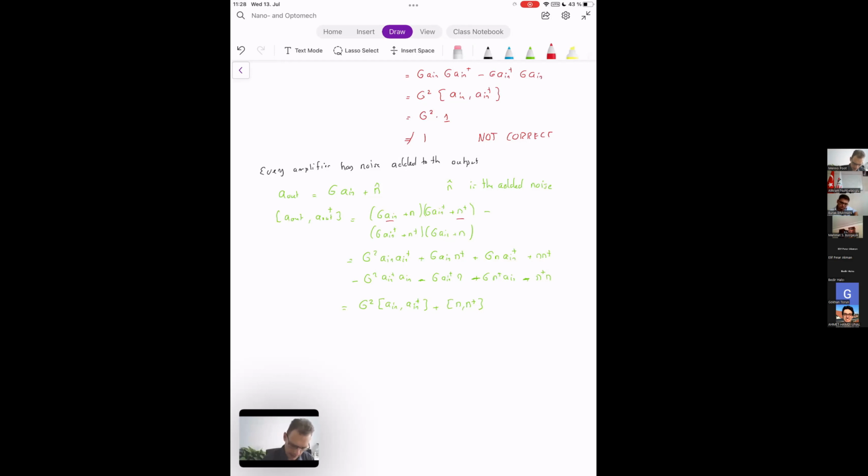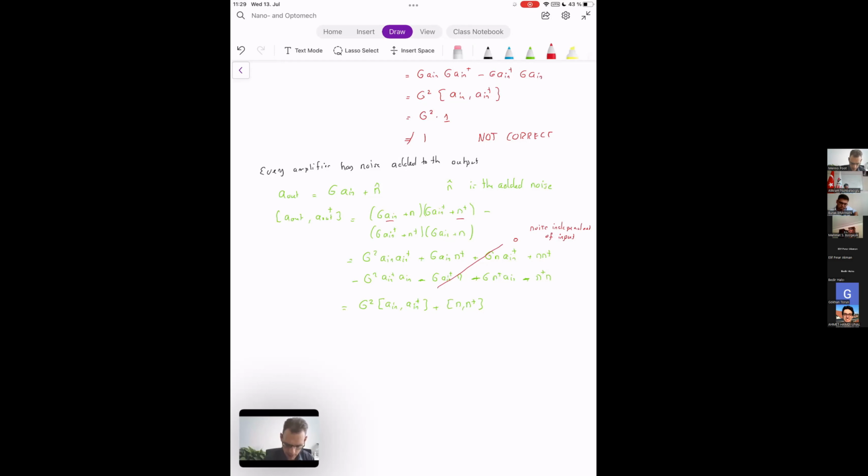So we can now argue that all of these terms are actually zero if the noise is independent of the input. So those cross terms that contain both A_in and N are going to be zero when you calculate the expectation value.